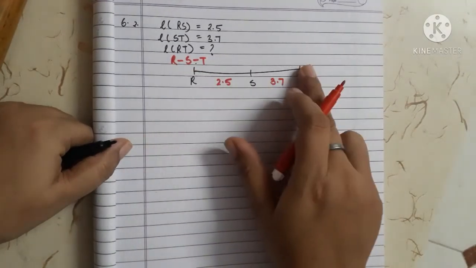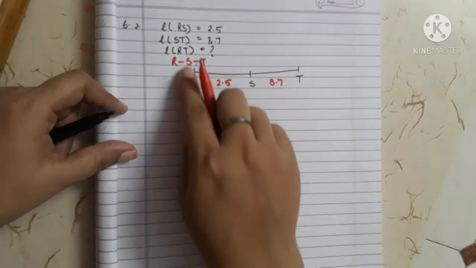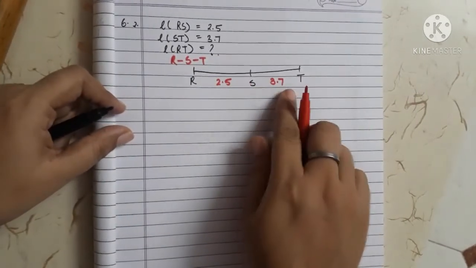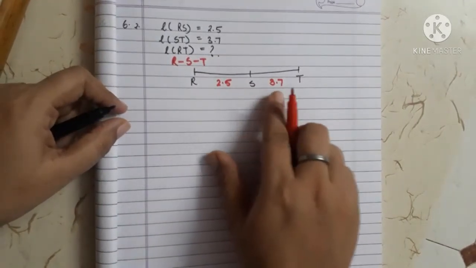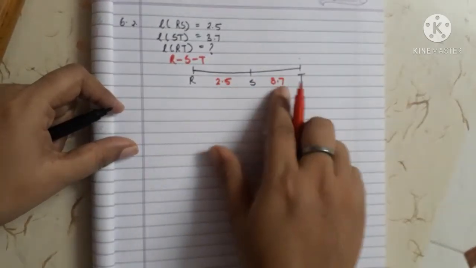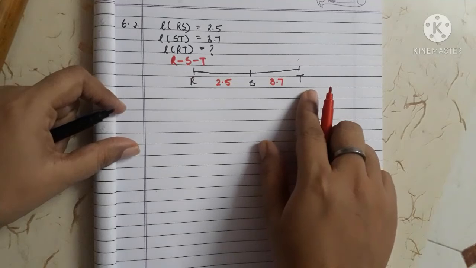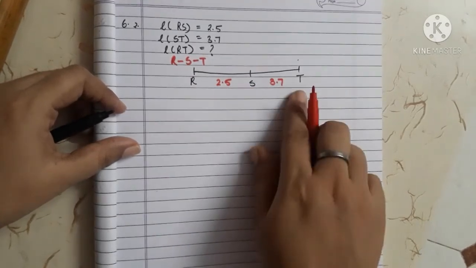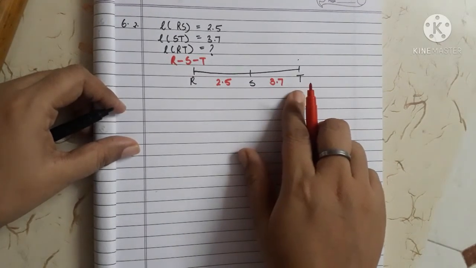You have to find out RT. By seeing the figure only you can say the answer, children. See, this is 2.5, this is 3.7. Just add these two, you will get RT. When you draw the diagram, it becomes easier to understand.